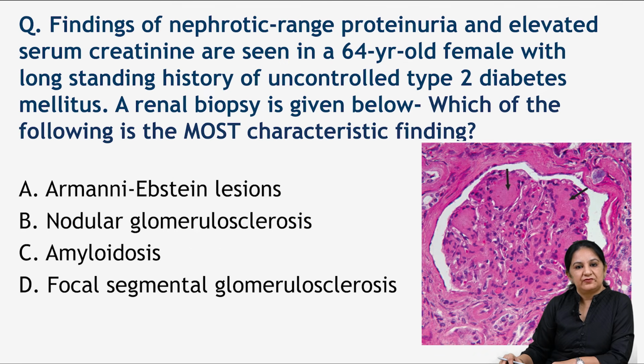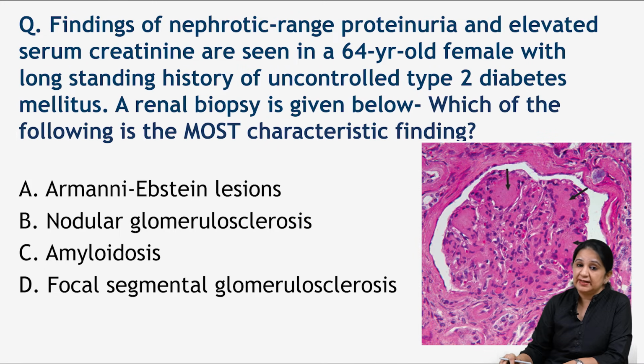Finding of nephrotic range proteinuria and elevated serum creatinine seen in a 64-year-old female with long-standing history of uncontrolled type 2 diabetes mellitus. Renal biopsy is given below. Which of the following is the most characteristic finding? Most characteristic finding, you can also identify what is given in the renal biopsy.